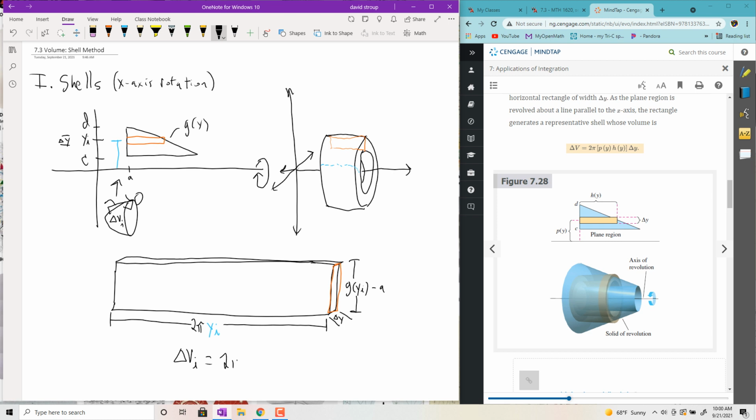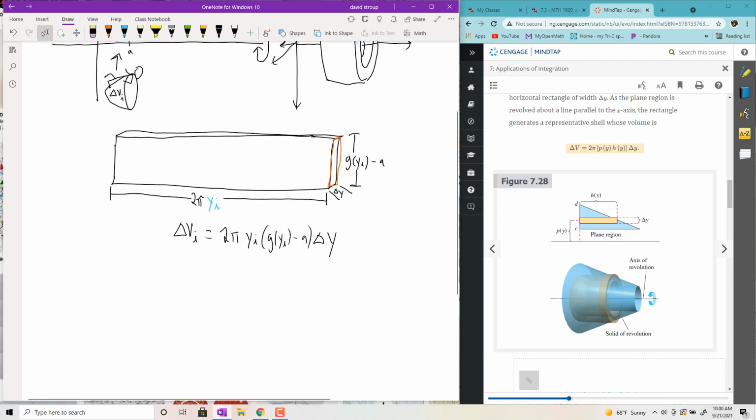So in this case, 2 pi y sub i times g of y sub i minus a times delta y. Let's make that general. In general, our delta V sub i is going to be 2 pi times some radius function, which we're going to call rho of y, and then times some height function, h of y sub i, delta y.